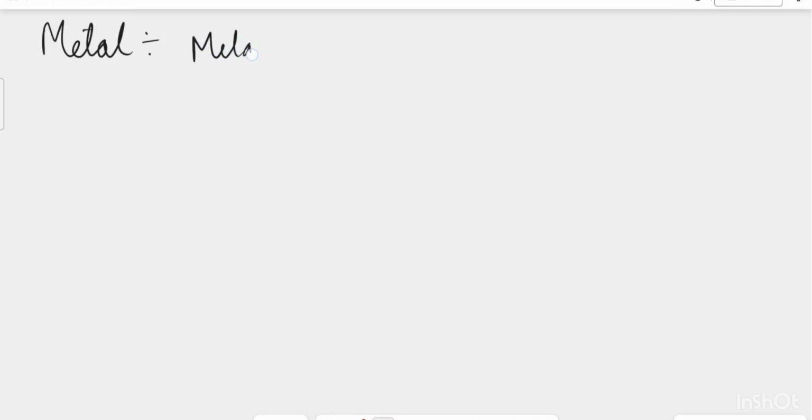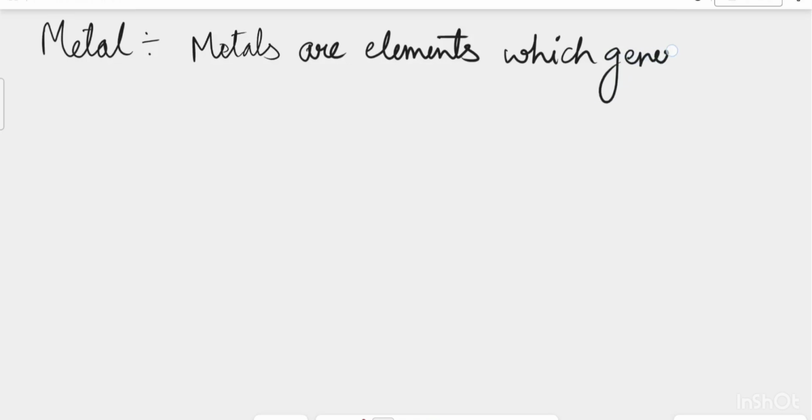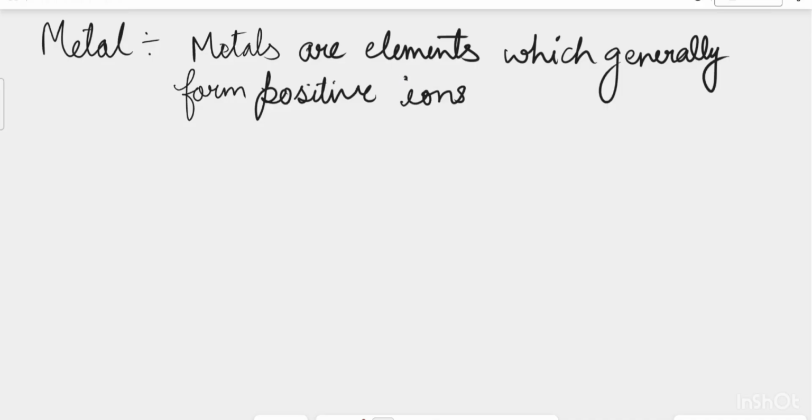We can say metals are elements which generally form positive ions by losing electrons.